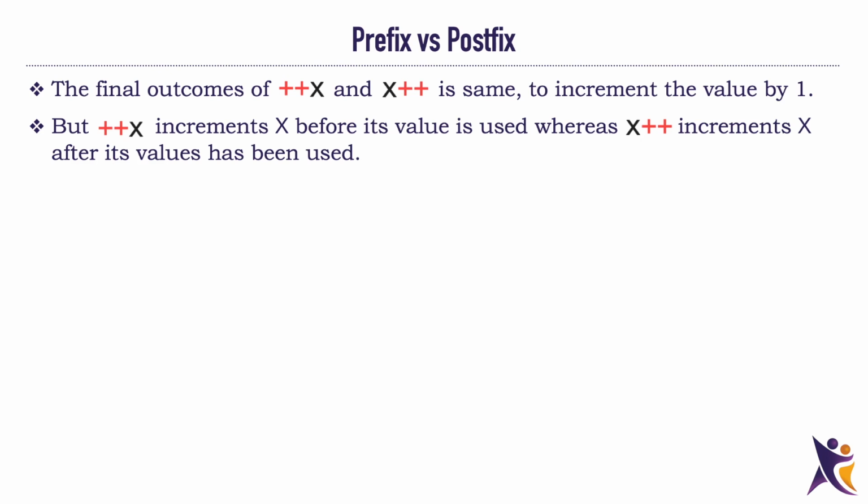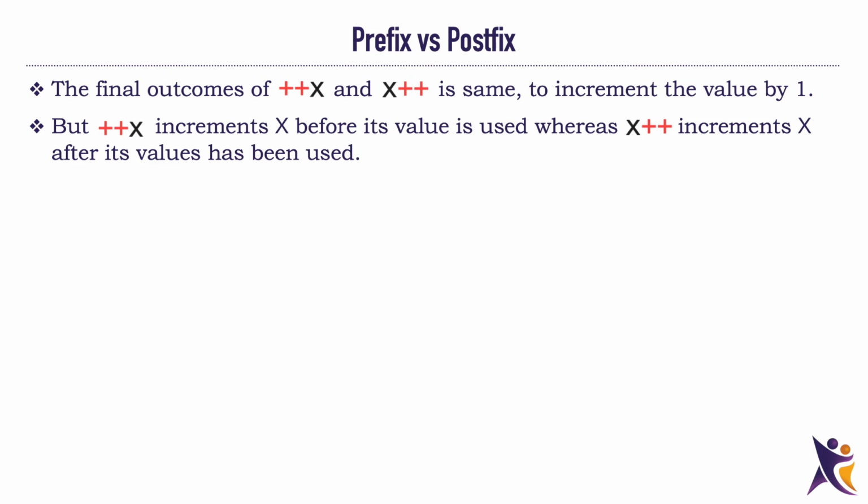The final outcome of these two expressions is the same, but when you use the intermediate value of prefix and postfix, then the result will differ. The main difference is that when plus plus pre-increment is used, the variable gets incremented before its value is used. Whereas in case of postfix increment, the value of the variable gets incremented after its value has been used.